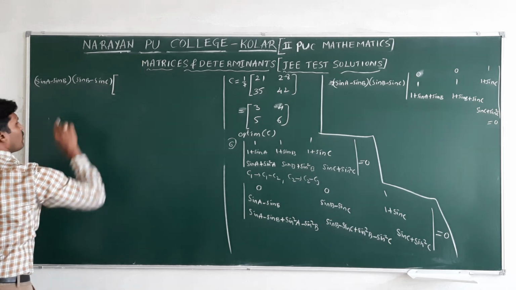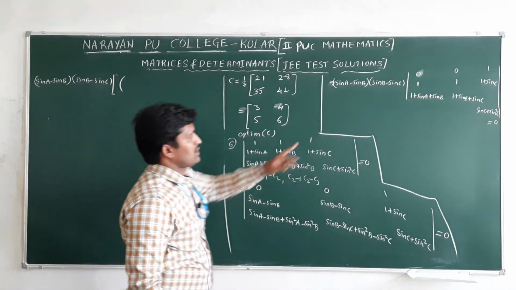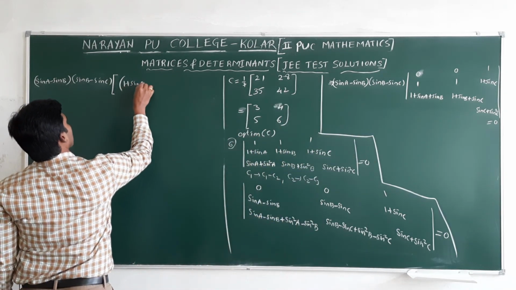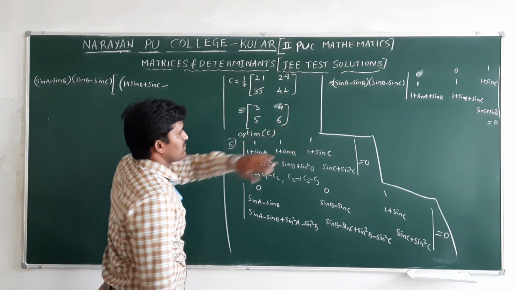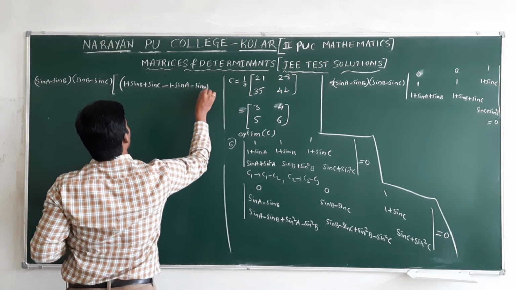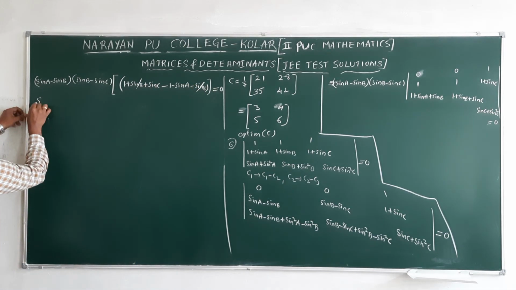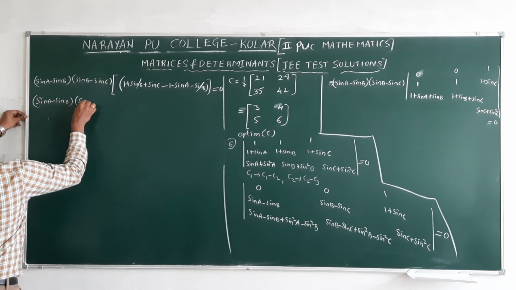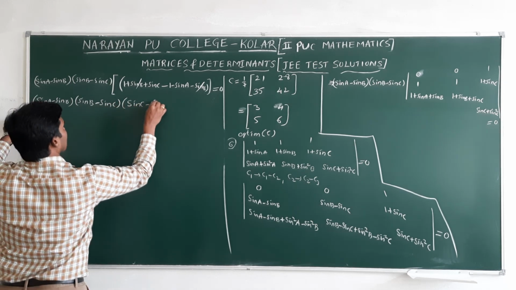The first two terms are already 0, that's why the last term is 1 into AD minus BC: 1 into (1 plus sin B plus sin C), minus 1 into (1 plus sin A plus sin B), which is minus 1 minus sin A minus sin B, equal to 0. Here sin B cancels. What factors do we get? Sin A minus sin B, into sin B minus sin C, into sin C minus sin A.